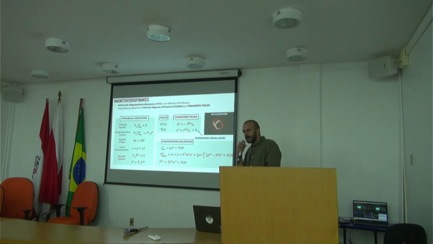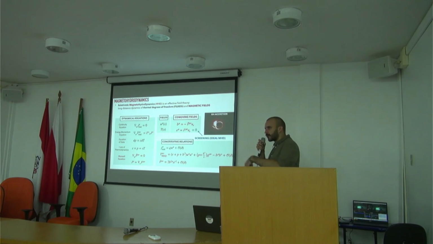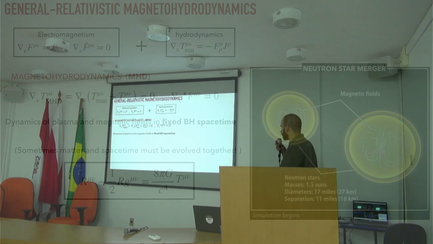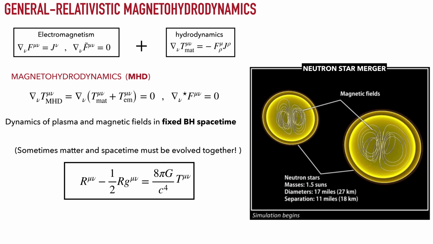So in this case, what we do is put these equations into a computer, make some assumptions, and let the equations evolve. And this is precisely the way we can simulate the dynamics of the accretion flows around, for instance, M87, which we can see here, or maybe better here.